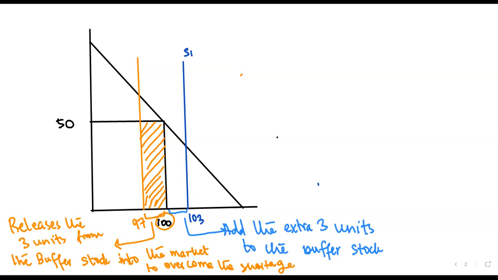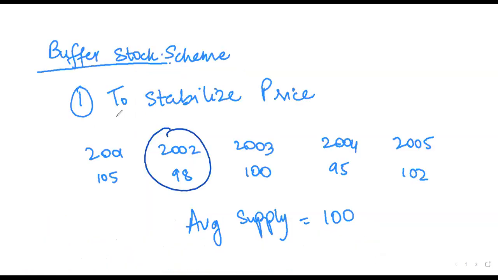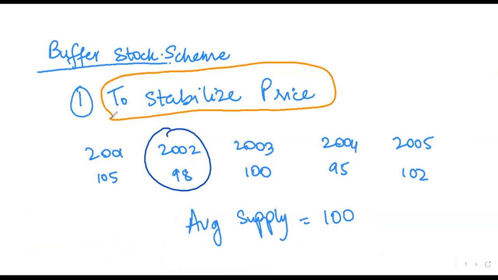But I have a doubt. Who would make a profit in this? The agricultural farmers or the government? Nobody's making a profit. Again, I told you, this is to stabilize price so that nobody goes into a loss. The government is protecting farmers from going into a loss.